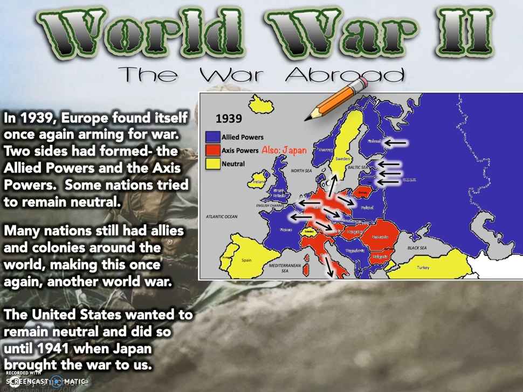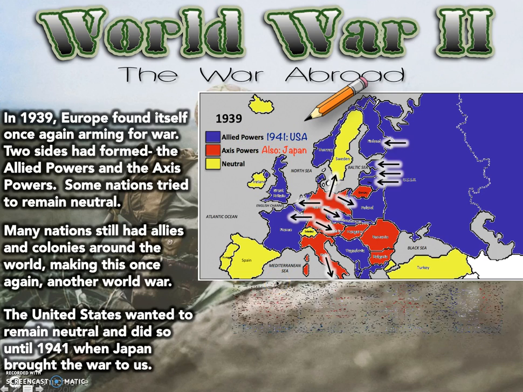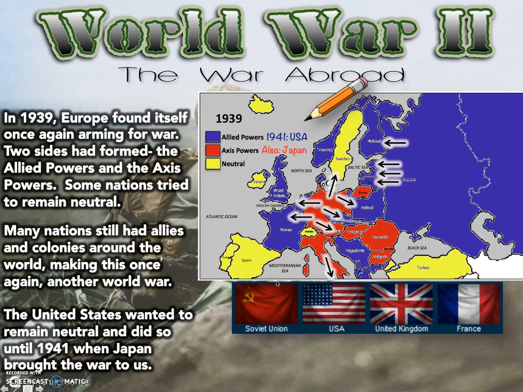So the United States wanted to remain neutral, and so did so till 1941, when we know that Japan attacks Pearl Harbor, and that brings us into the war. So on the map, make sure that you also note that in 1941, the United States joins the Allied powers. Okay? So we have the Soviet Union, the United States, United Kingdom, and France all on the Allied side.